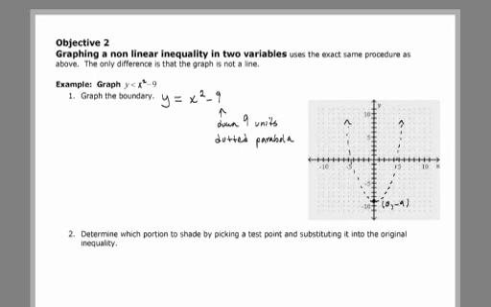I can use the exact same procedure as before. Pick a test point, and notice 0, 0 is not on the boundary line, so I can test it. Let's see if it's true or false. So let's test 0, 0 back into the original.